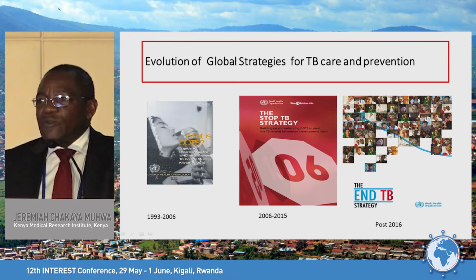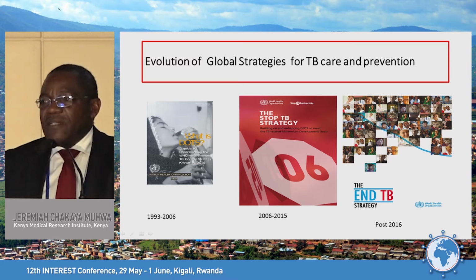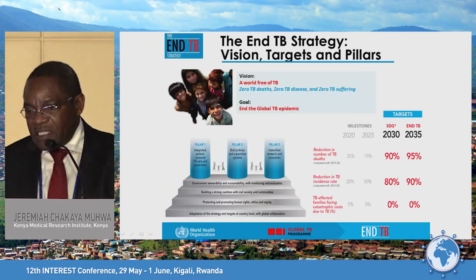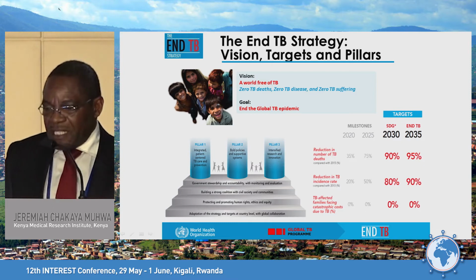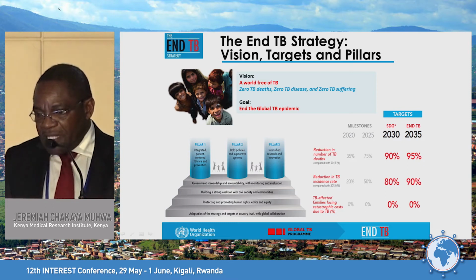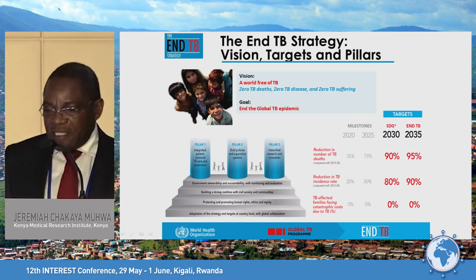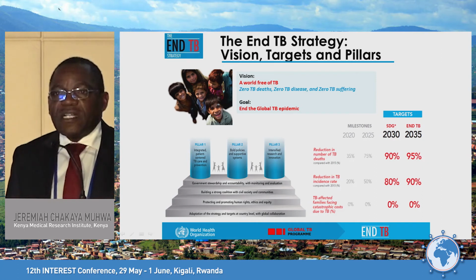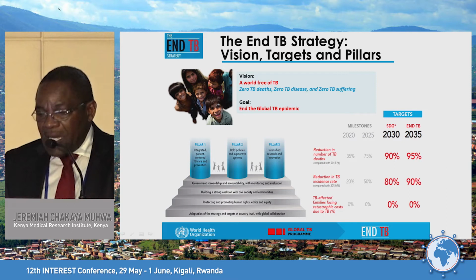We then realized that it wasn't going to do the job, and we came up with the Stop TB strategy, and with the Sustainable Development Goals that came up in beginning 2016, we now have the End TB strategy, which has extremely ambitious targets of reducing the number of TB deaths by 95% by 2035, reducing the incidence of TB by 90% by 2035, and by ensuring that no families or people suffering from TB suffer catastrophic costs. And this is supposed to be achieved by 2020.